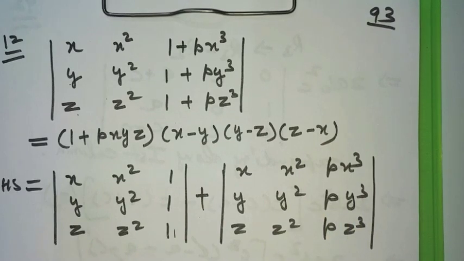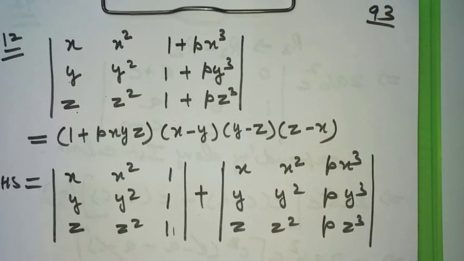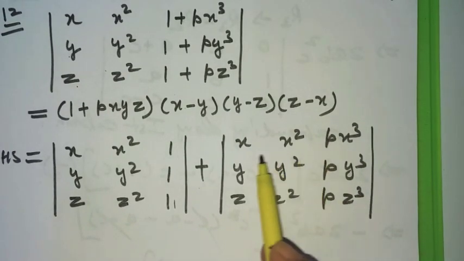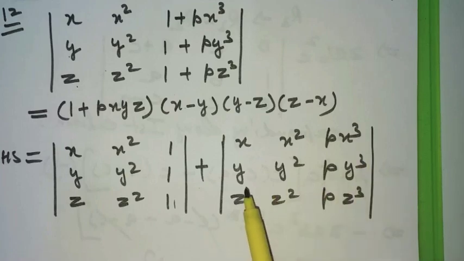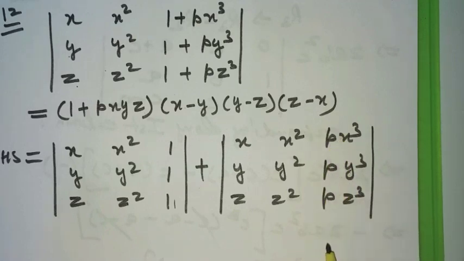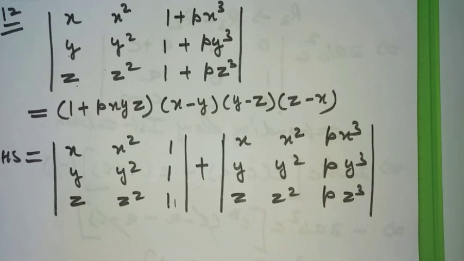This is by using the properties of determinant. Now we shall work upon the second determinant, and I will take x common from first row, y common from second row, z common from third row. Also I will take p common from third column. So in total I will take p, x, y, z common from this second determinant, and the first determinant I will copy as it is.